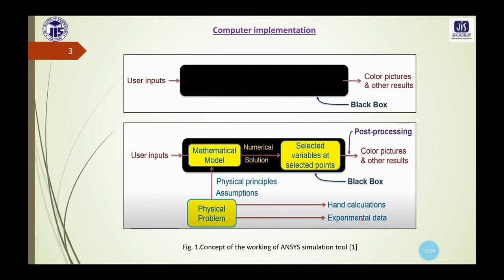On the second diagram here you can see that one physical problem, one box is given where it is written physical problem. So what happens that suppose one physical problem or a real life problem is given to us, so that we can solve by the software simulation to get the optimized result.